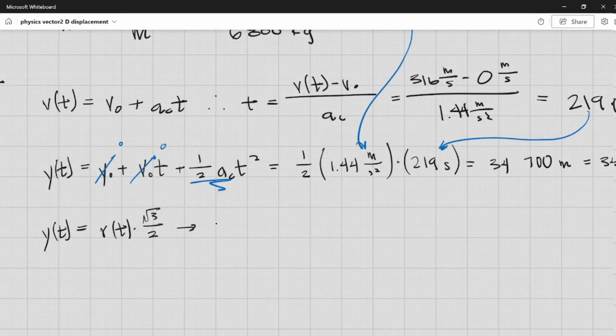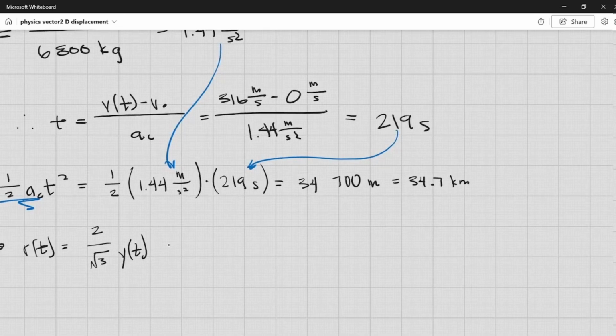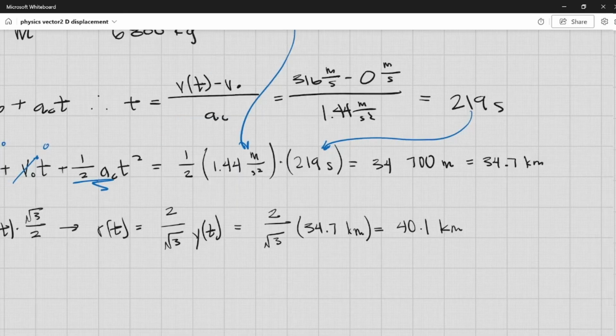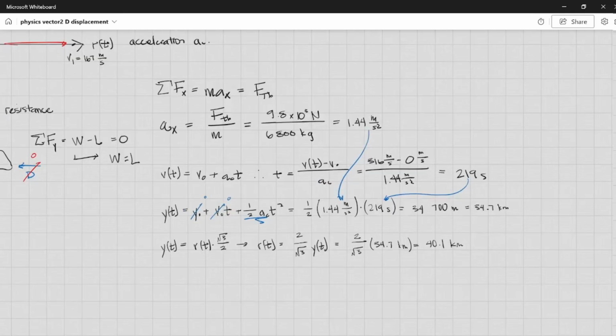We're interested in r of t because that's the vector that is the flight path of the aircraft. y of t is just the vertical component, or the northward component, right? So r of t is just going to be, and so we're left with a distance of 40.1 kilometers along the flight path that it has taken from the airport.